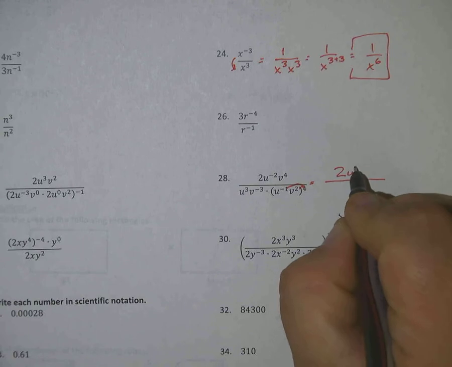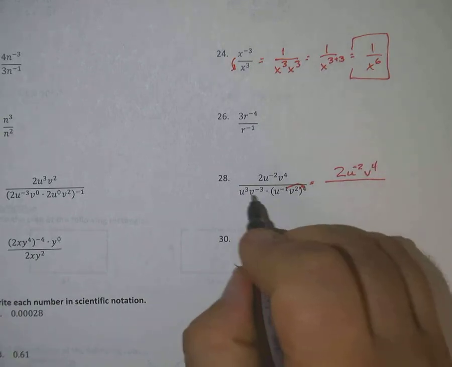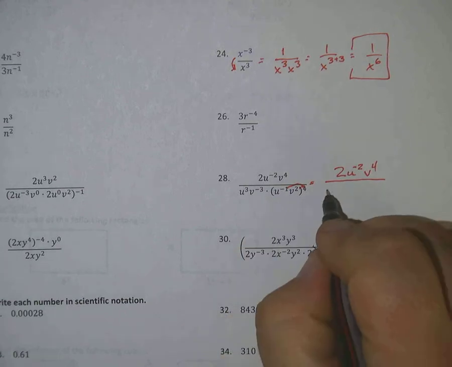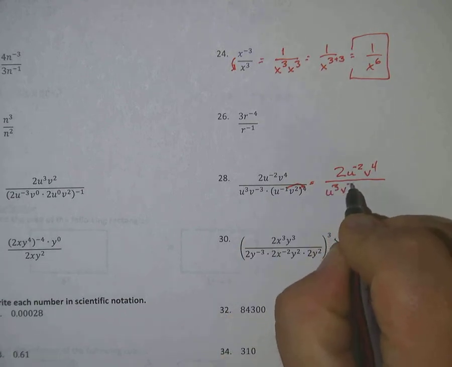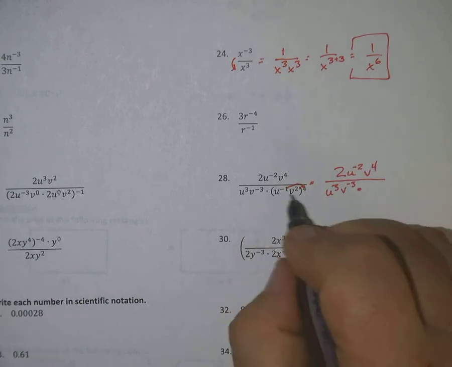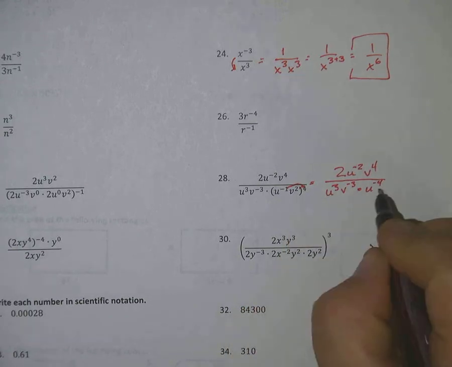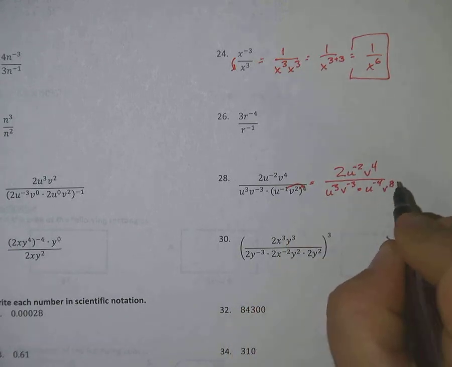I have 2u to the negative 2, v to the 4th. Okay. I'm going to leave this part out in front here, so that's u to the 3rd, v to the negative 3rd. And this will get rid of my parentheses, so I'll have u to the negative 4th and v to the 8th.